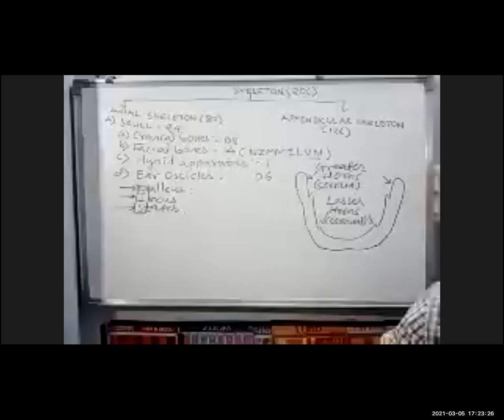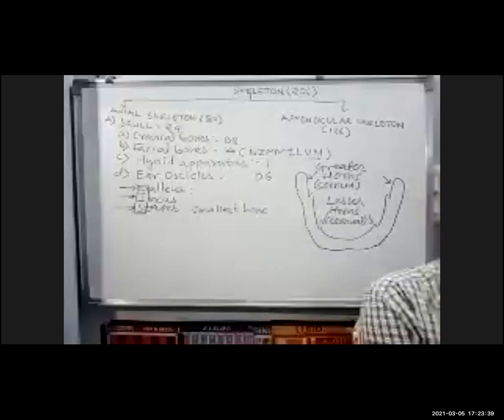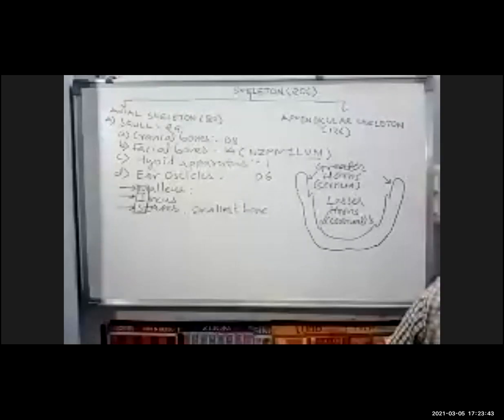You need to remember this for your examination. The smallest bone in our body is the stapes, which is located in the ear cavity, and it is a type of ear ossicle. They also have their own specific structure, a definite shape. You can remember that shape also, like the malleus. It looks like a hammer.